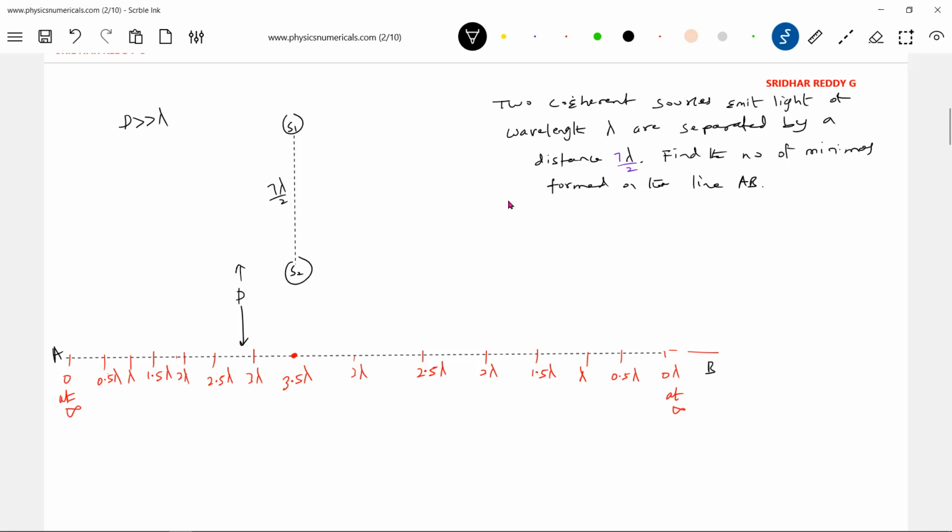So the question is asking to find the number of minimas. There's a minima. There's a minima. Let's count. Total number of minimas are 7.